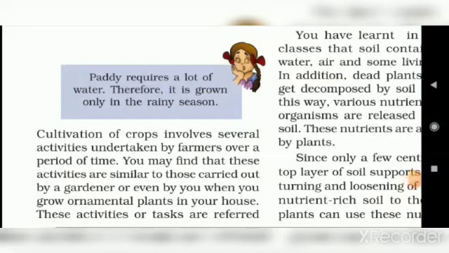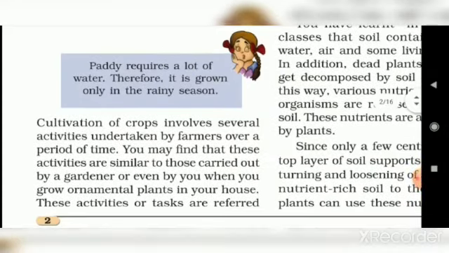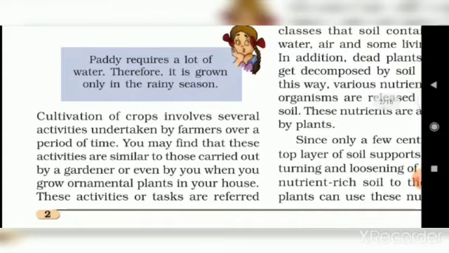Cultivation of crops involves several activities undertaken by farmers over a period of time. So we all know that when we have to cultivate crops, it takes a lot of activities that we will read further in this chapter and requires a lot of time. You may find that these activities are similar to those carried out by a gardener or even by you when you grow ornamental plants in your house.